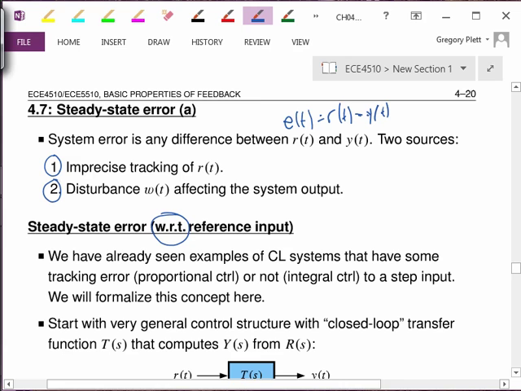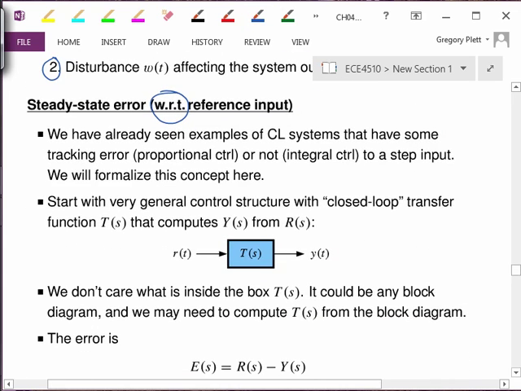Sections 4.7 and 4.8 both look at reference input error, and section 4.9 talks about steady-state error due to the disturbance input. Both talk about the same thing, but with different causes. It's very easy to get those confused, though.